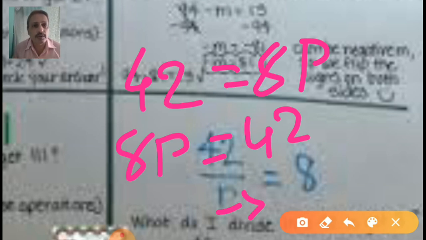Now our next rule: this multiplication by 8 has to go to the other side, meaning the right side. So both are the same, only left to right or right to left. You can change anywhere. See, now 8 will move to the right side. Now what is the left side? P, and it is equal to 42 divided by 8.